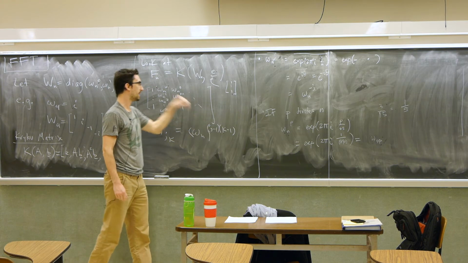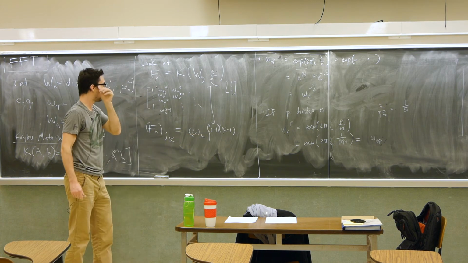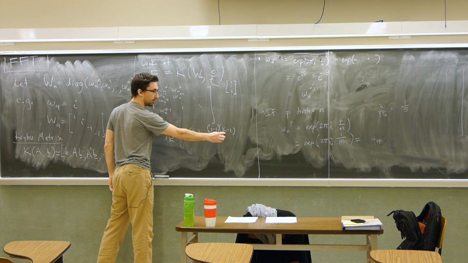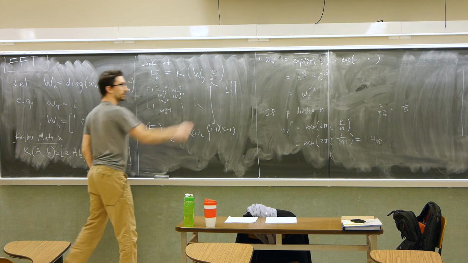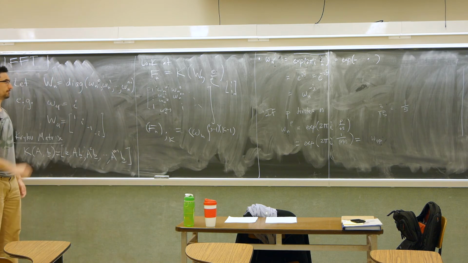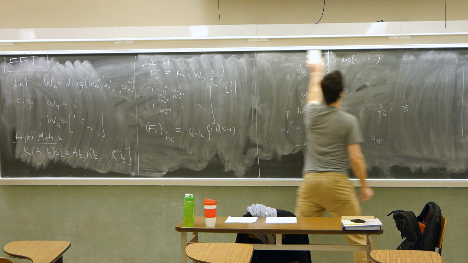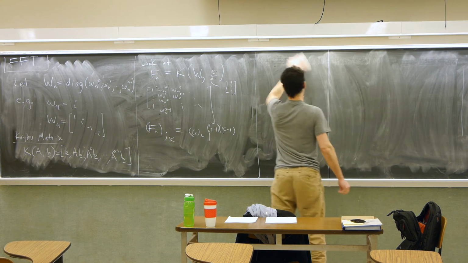So column k gives you a power, and row j also gives you a power. In particular, if you're in the first row or the first column, then this is going to be 0. So you have 1s here and 1s here. And that's why the matrix looks that way. So I use the letter F because I'm going to call this the Fourier matrix.